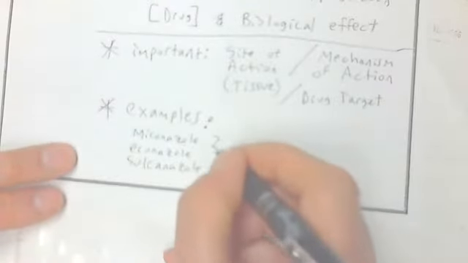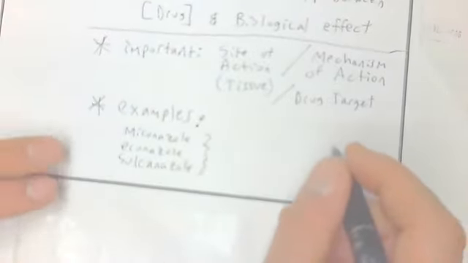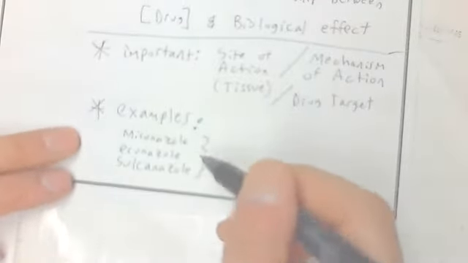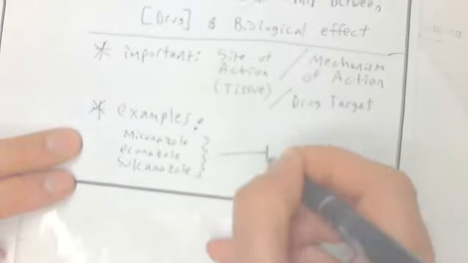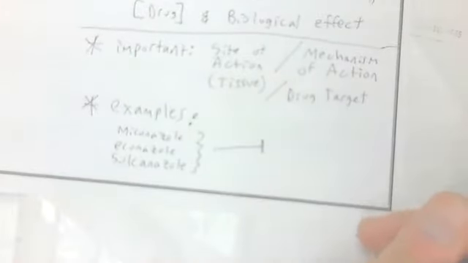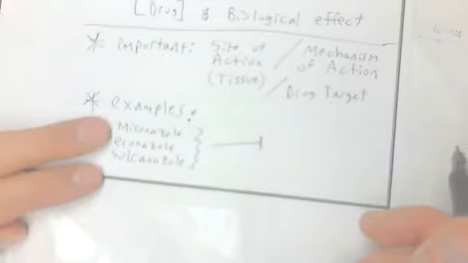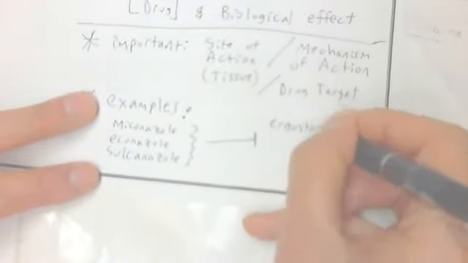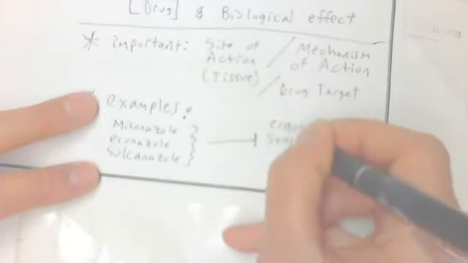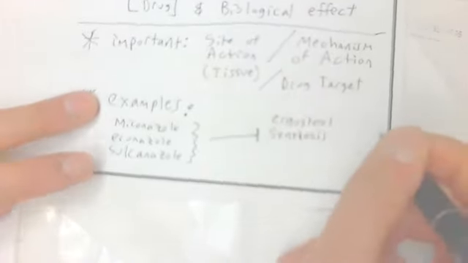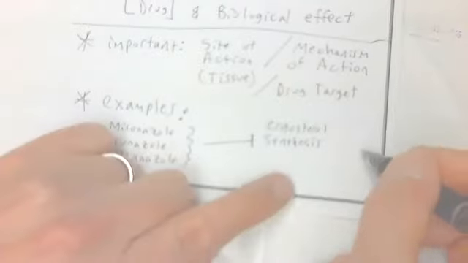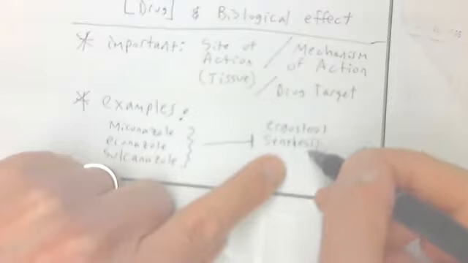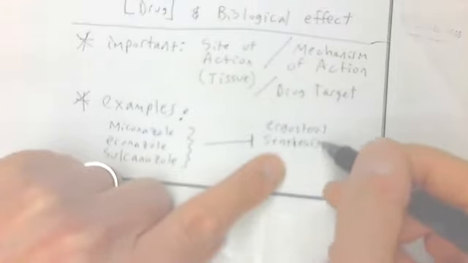Early on in this course, we talked about the synthesis of them and the rough biological activity of them, but they inhibited essentially ergosterol synthesis, which was basically antifungal, a method to kill fungi, like on your skin.